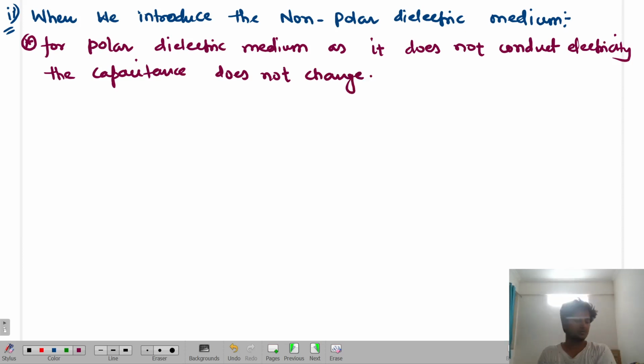Is that clear? So, what are we introducing? We are introducing the polar dielectric medium.